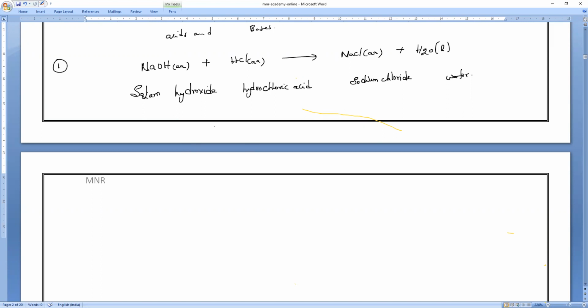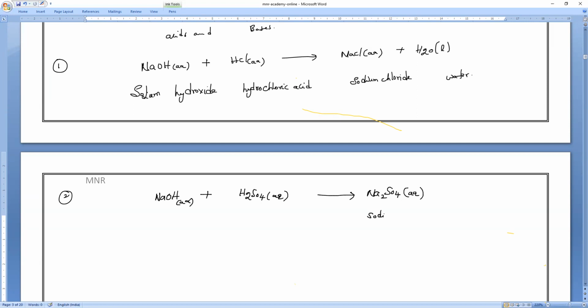Yes, sir. Second example, similar example. Sodium hydroxide reacting with sulfuric acid. Tell me the products. Na2SO4 plus H2O. So what is the salt name, Harish? Sodium sulfate, Na2SO4. So sodium is taken from where, acid or base?